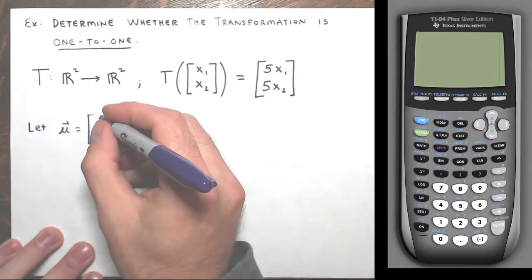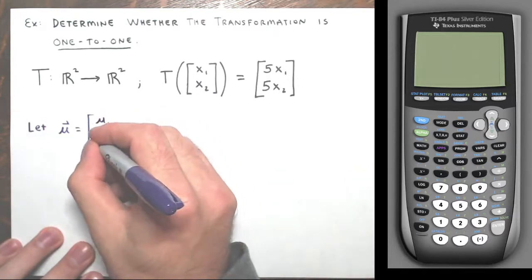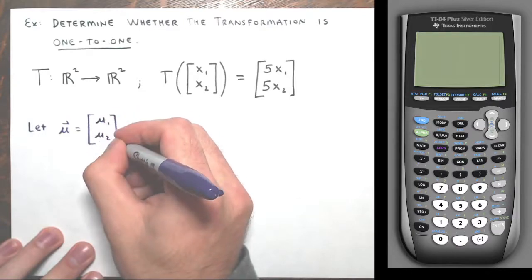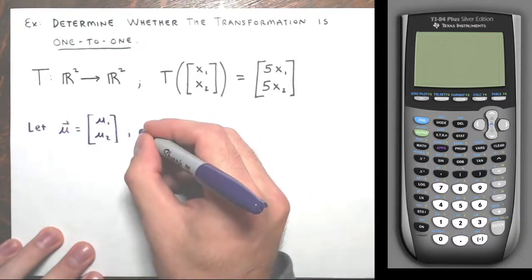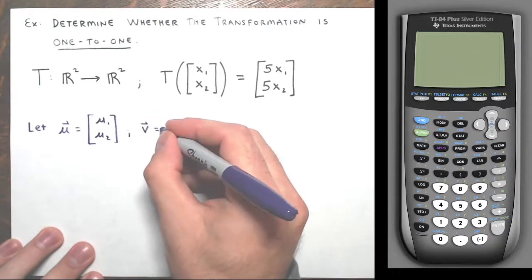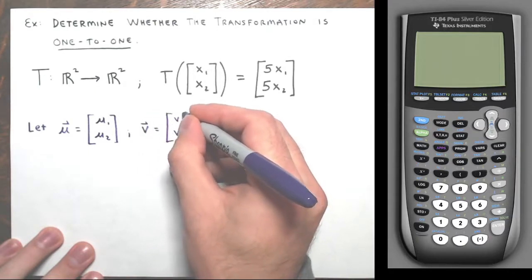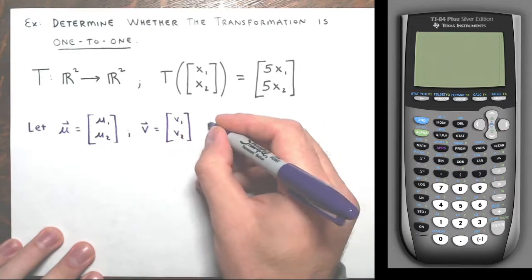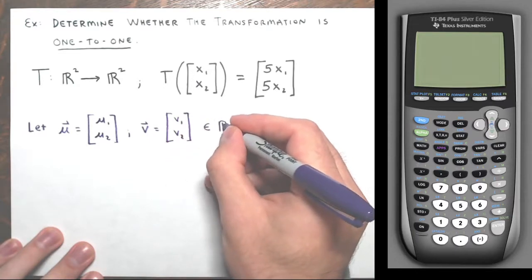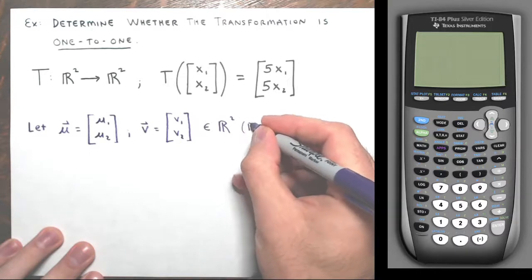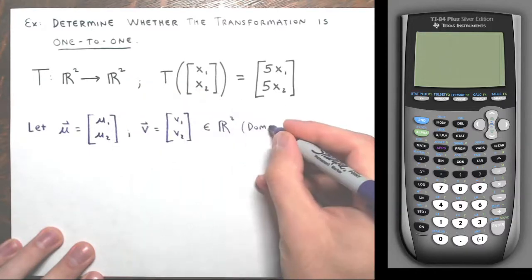Say the components of u are u1 and u2, just so I know it's from u. And another vector v with components v1 and v2. And these belong to the domain R2. Again, this is the domain R2, not the codomain R2.